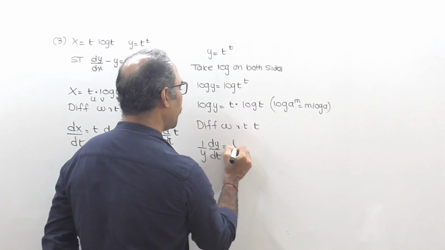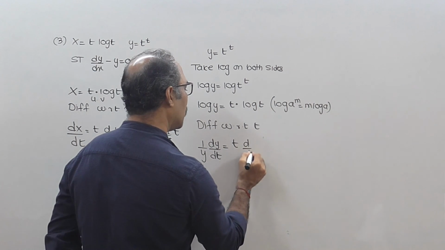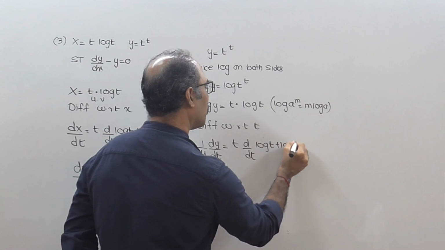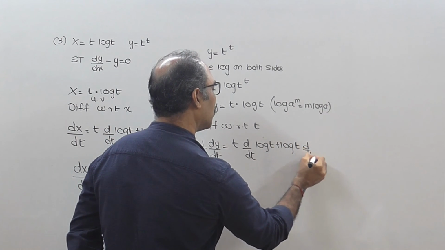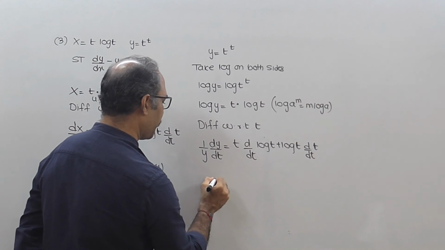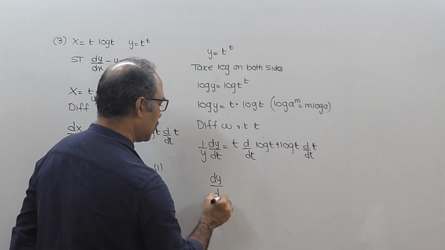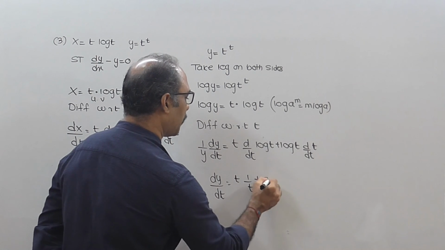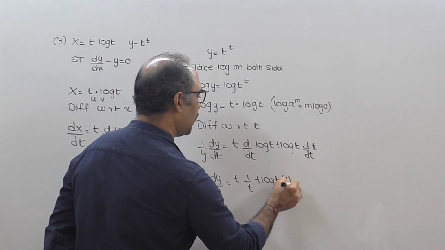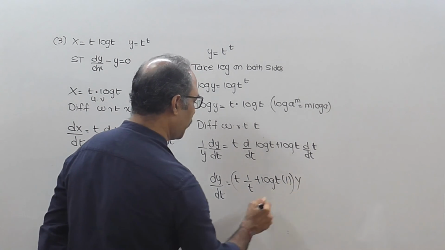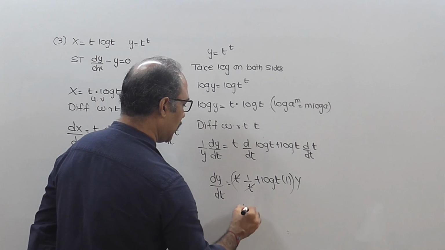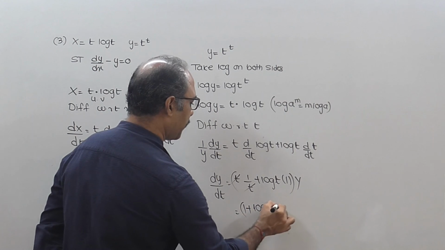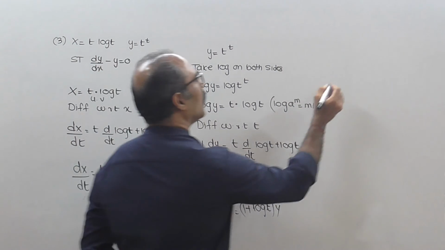This is u into v: t d by dt of log of t plus log of t d by dt of t. You get dy by dt equal to, t times the derivative of log t which is 1 upon t, plus log t times the derivative of t which is 1, multiplied by y. I think you should get (1 plus log of t) into y.